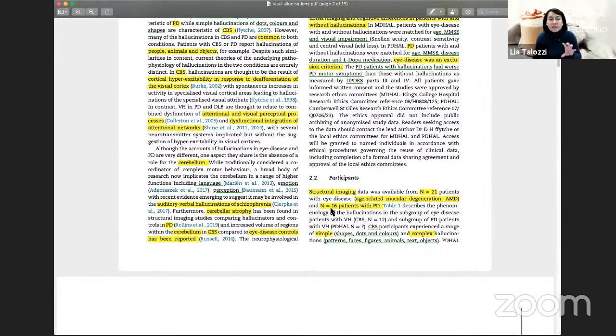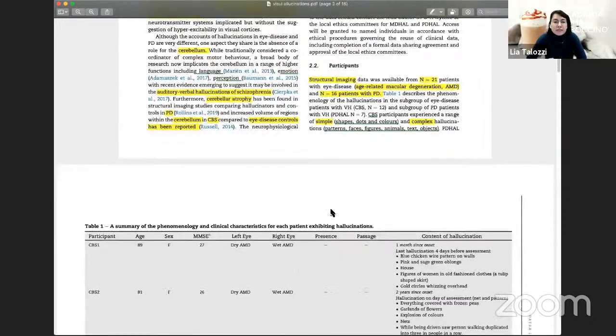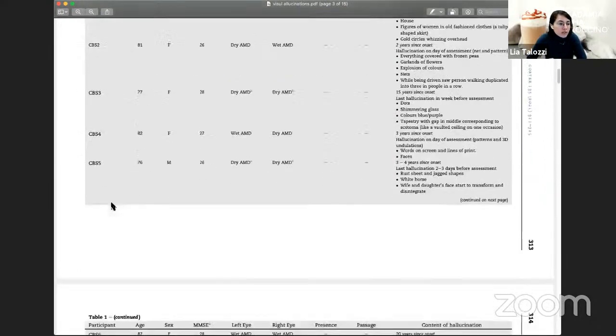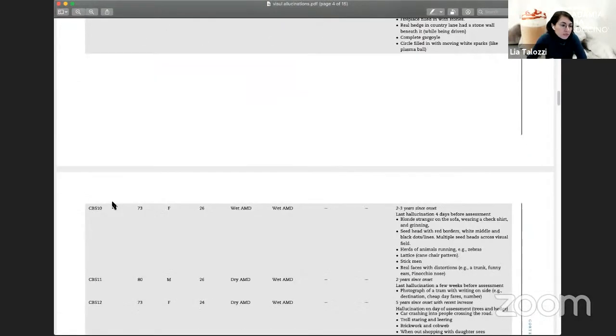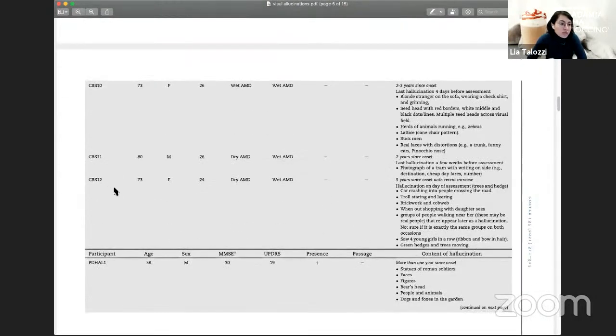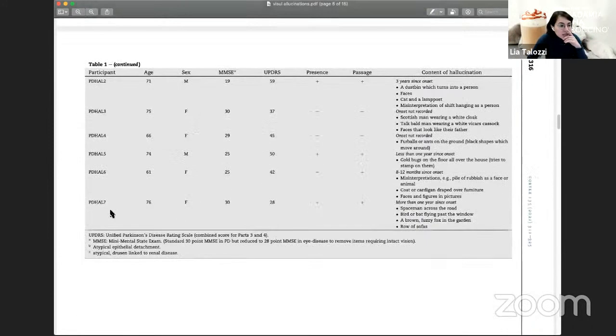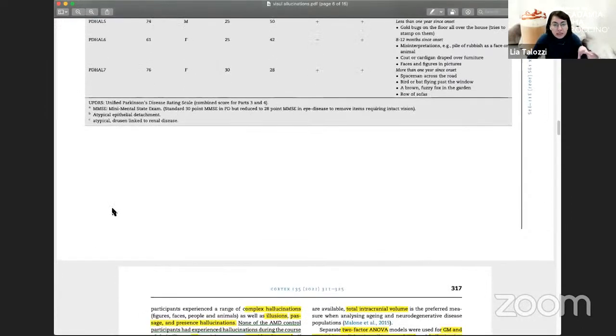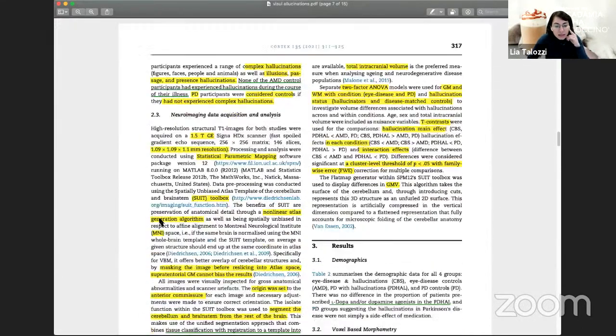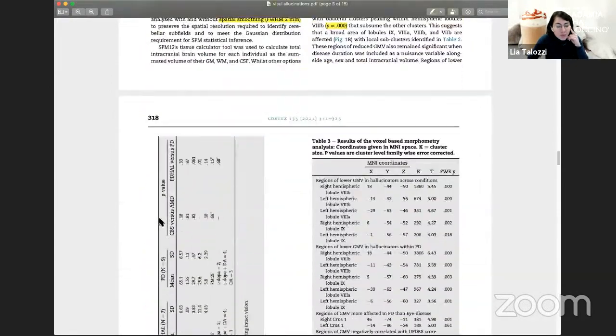And then you split again in patients within each group who have hallucinations and who did not report any hallucination process. And so here you have 12 patients of the Charles-Bonnet syndrome who reported hallucination, and 7 Parkinson's disease who reported hallucination. So this was the data set.